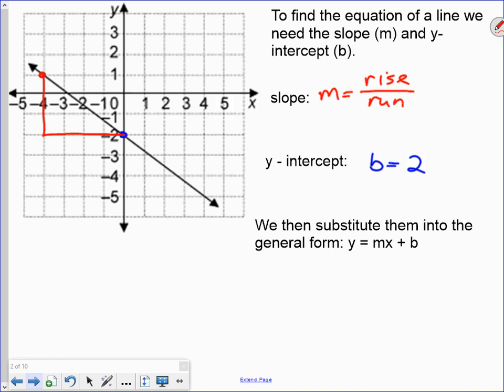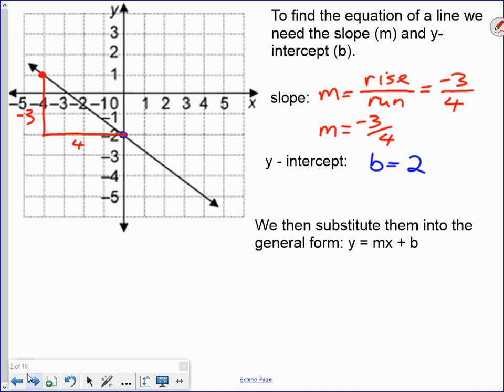Well, if we start here and we're going to this second point over here, we're going down 1, 2, 3. So our rise is going to be -3. And we're going over 1, 2, 3, 4. So our run is going to be 4. So our slope, m, is -3/4.